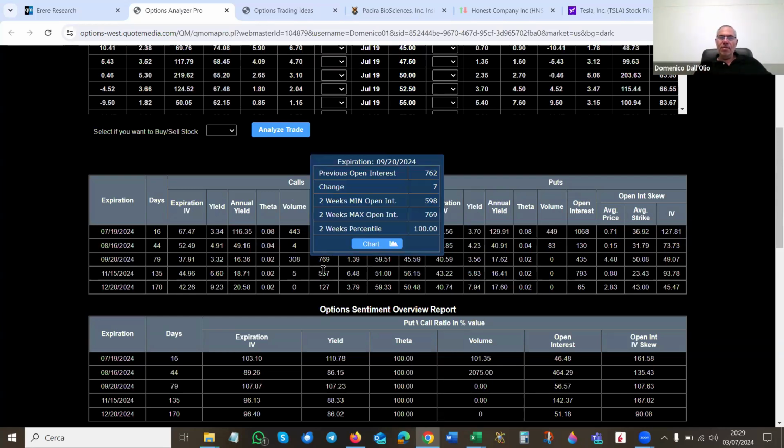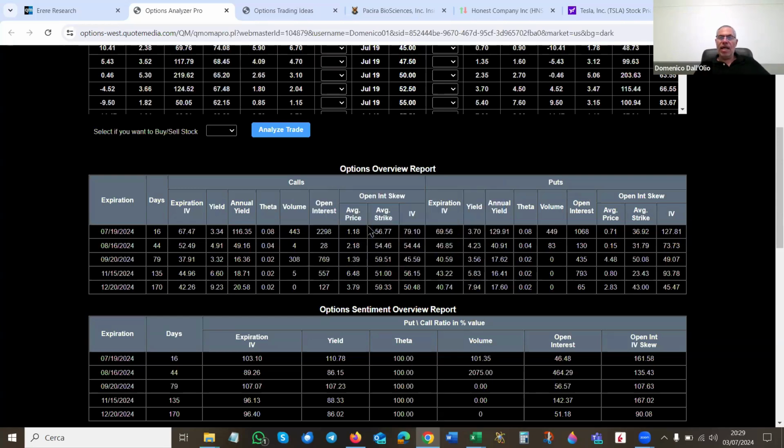So this information, the average strike, helps you in understanding what they might be thinking, even if sometimes, as it happened on WBA last week, you get it completely wrong, but you also sometimes get it very right, as it happened on Nike. I don't remember if I showed you the example of Nike.